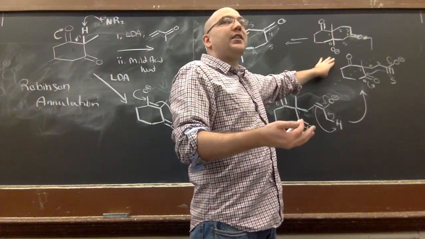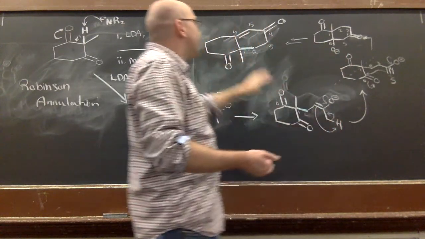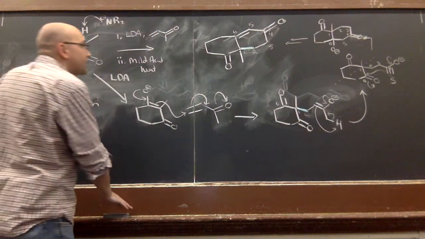Under mildly acidic conditions, we can generate water as a leaving group and simply do the elimination, and that's how we're going to get there. Okay, so this is a Robinson annulation, and definitely be prepared for this level of question for the quiz. So you guys should all be able to draw this for the upcoming quiz.